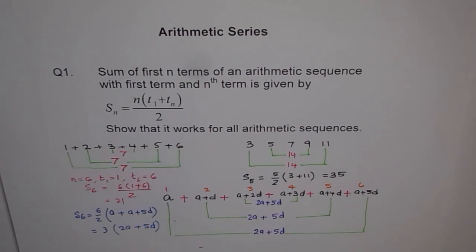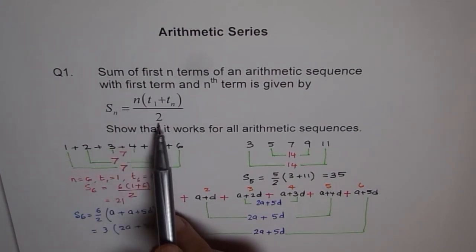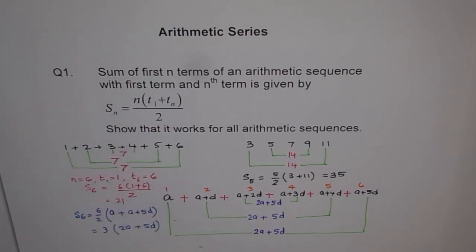And I hope you understand the sum of the first 10 terms of an arithmetic sequence can be written as first term plus last term times half of the pairs. N over 2 is half of the number of terms, which forms the number of pairs you can get from a sequence, correct? That is how you may understand this, and it may be an additional help to solve problems on arithmetic series. I hope that helps you. Thank you.